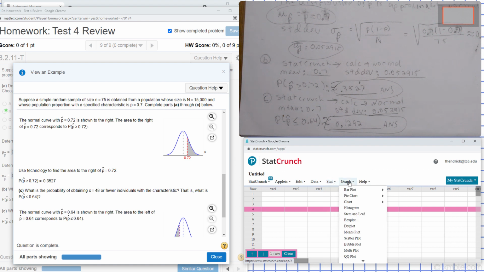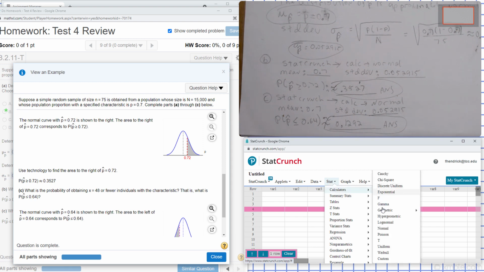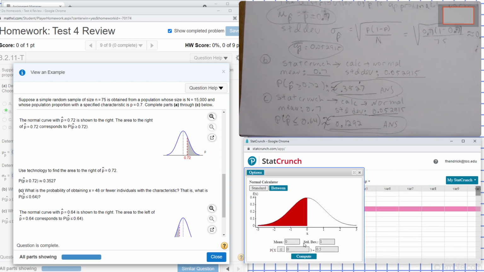And Normal calculators and then Normal. And I have my mean at 0.7, and my standard deviation 0.05, 2915, and it's less than or equal to 0.64, and I hit compute again.